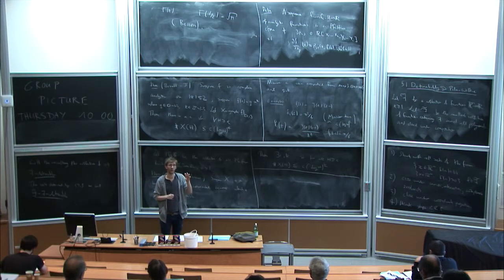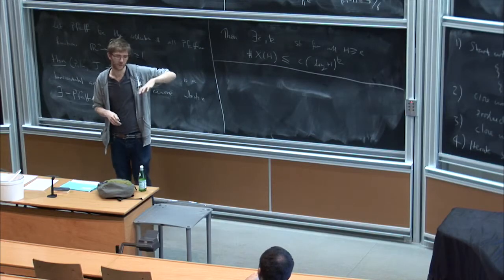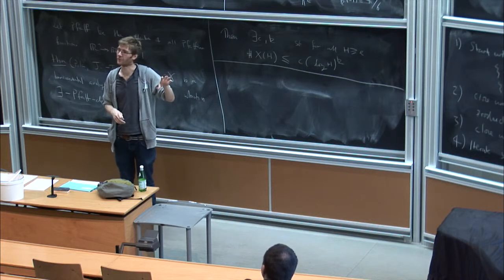So you construct a polynomial in two variables, say, such that q, f of q is in your set exactly if p of q, f of q is 0.